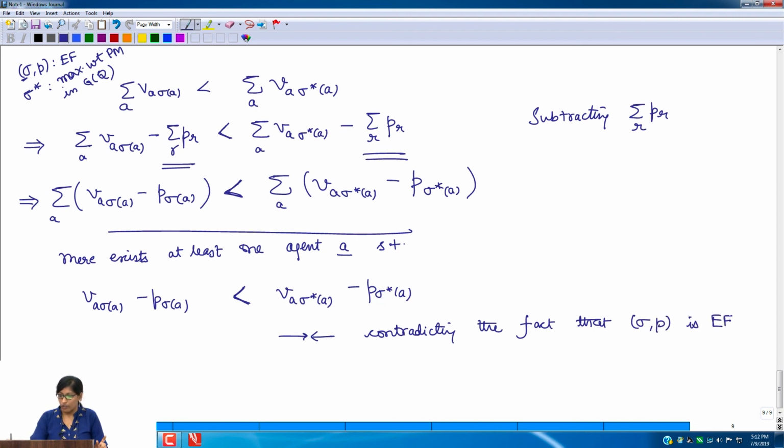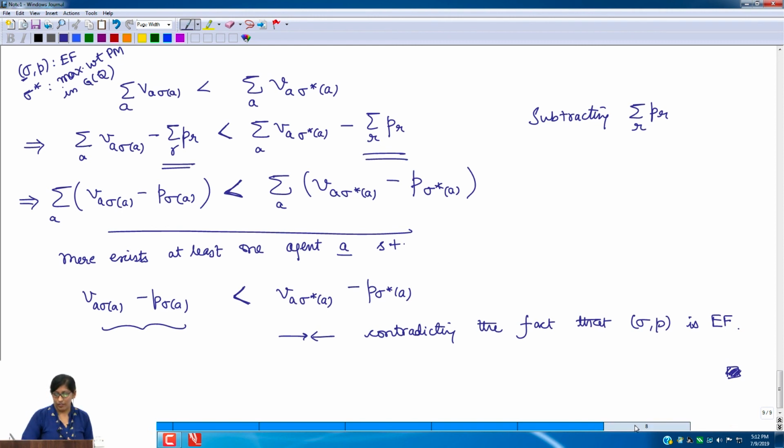It is contradicting the envy-freeness for agent A, who is getting strictly less utility than the utility he would derive from the room sigma star A. And this completes the proof.